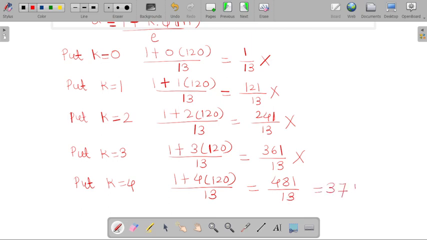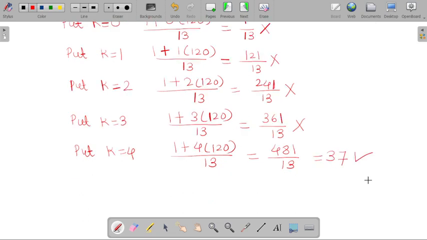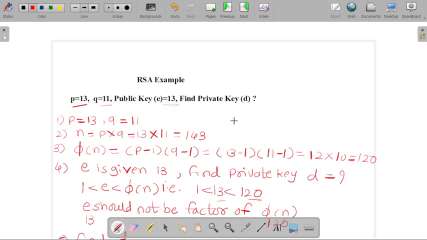We consider this iteration because we got an integer, that is 37, and we take this value as the private key. So our private key D is equal to 37. In the given example, the values of P, Q and E are given, and based on those values we have identified the value of our private key, that is D.